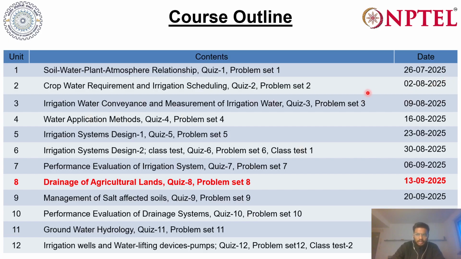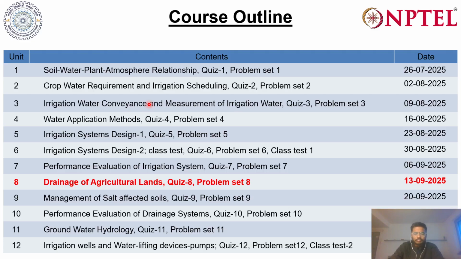So these are the overall content that we have covered up till week 7. Basically, we started with irrigation, how irrigation is relevant, and the interaction of irrigation water with soil, plant, and atmosphere.